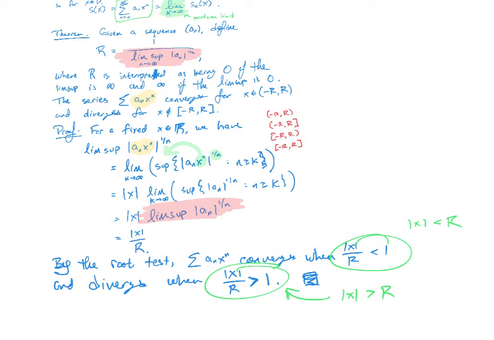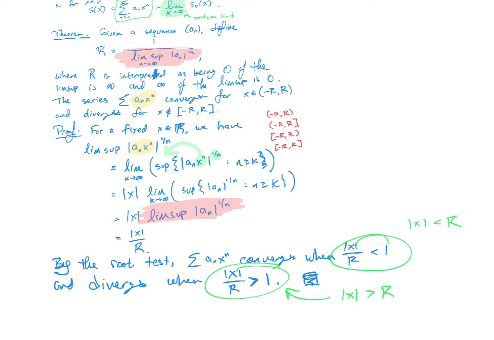Okay, I have a question. Great. So here, you're letting R be interpreted as infinity or 0. So how does that apply to the result at the end? Good point. So in those cases, you just have to double check.